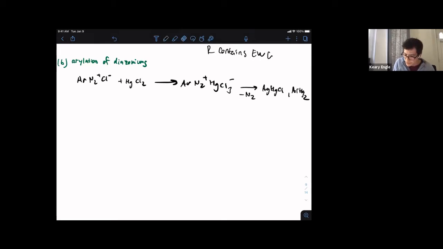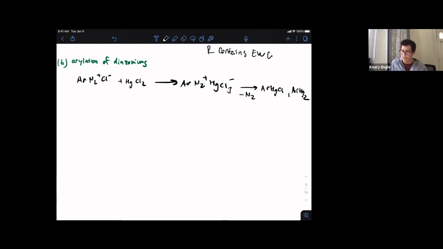I have this drawn as silver, but this should be an aryl group. Let me correct that. So an initial formation of this adduct here, where mercury is interacting with one of the chloride substituents from the diazonium.